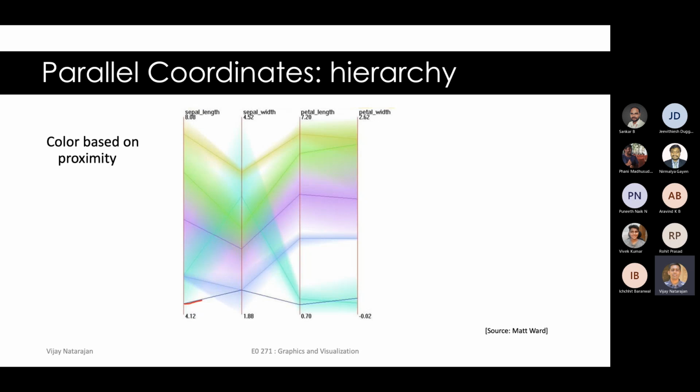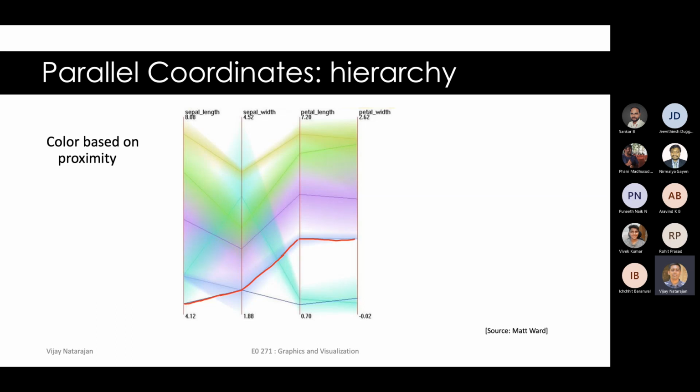As you can see, this is one of the cluster centers, and proximity to this cluster center is represented via a blended color.